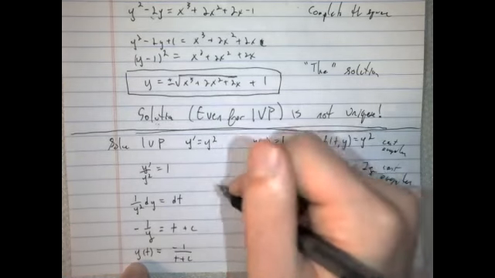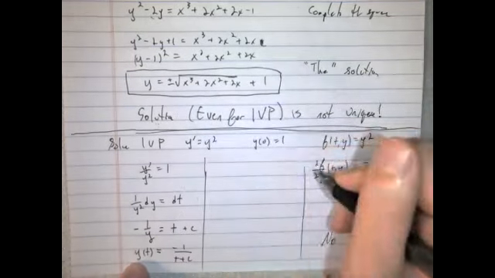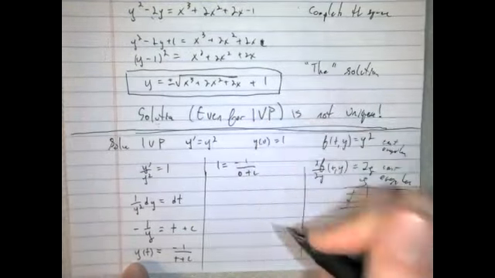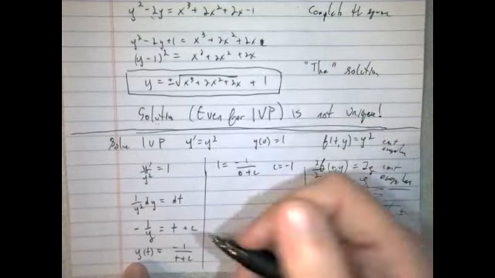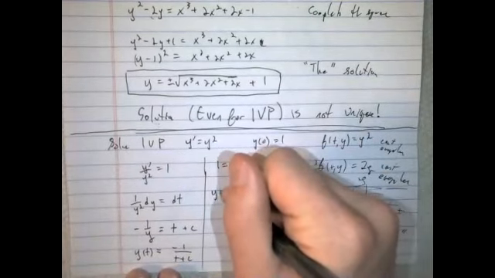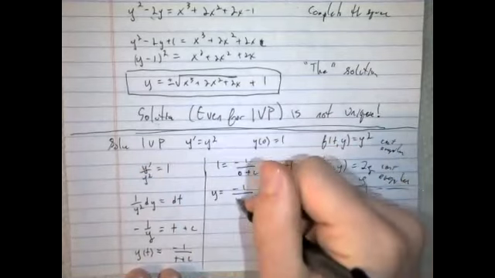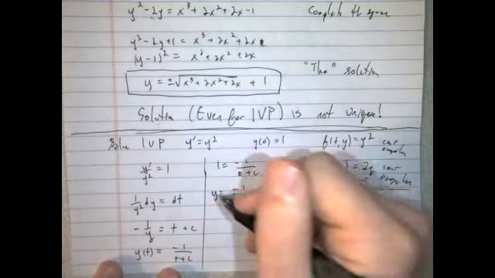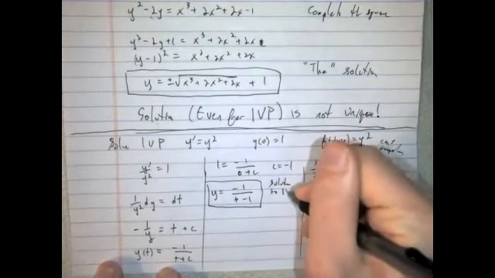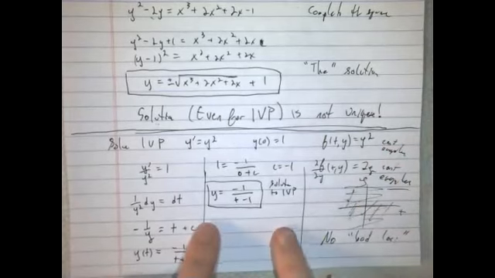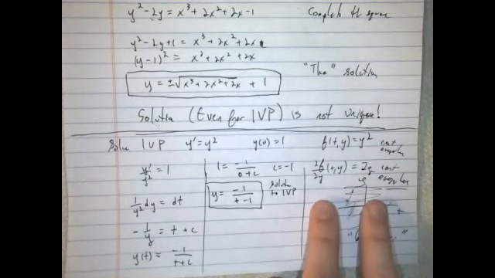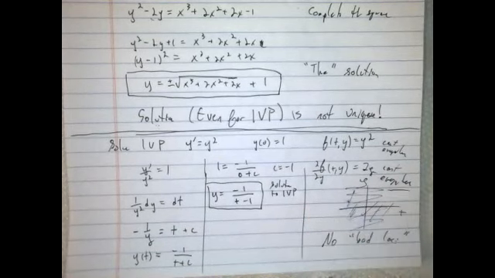So, in particular, sorry, this is once again bad board work. 1 is equal to negative 1 over 0 plus c. So c is equal to negative 1. So a solution to this IVP is y is equal to negative 1 over t minus 1. Okay. Over here, what does theorem 2.4.2 say, which is our existence and uniqueness for nonlinear?